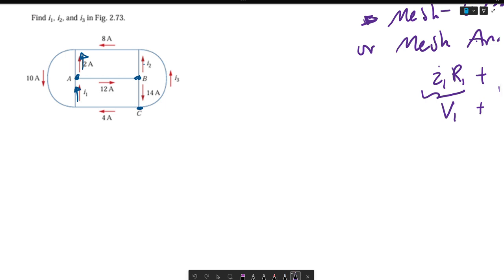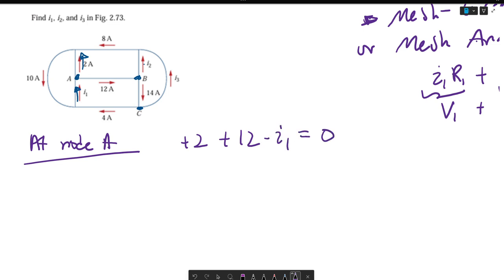But in this example, at node A, I will use the convention where if a current is leaving the node, I consider it a plus, and if the current is entering the node, I consider it a minus. So in this case, I2 plus I4, because they're both leaving the node, minus I1 is equal to 0.